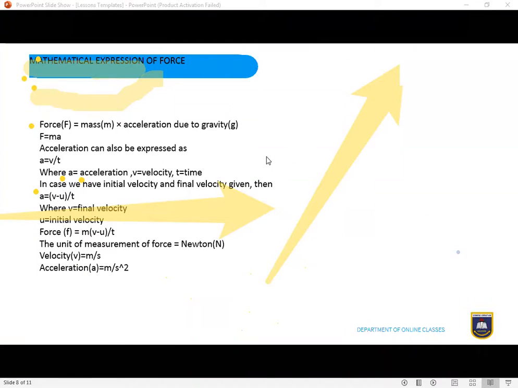The velocity V is meters per second. Acceleration A is meters per second squared. Remember, acceleration is meters per second squared, velocity is meters per second. Note the 2.